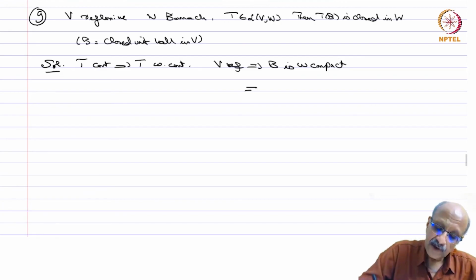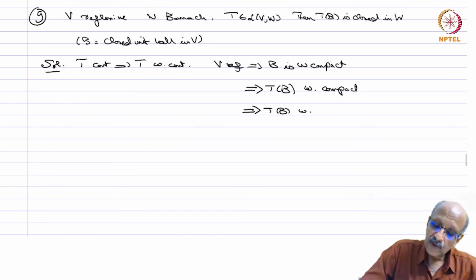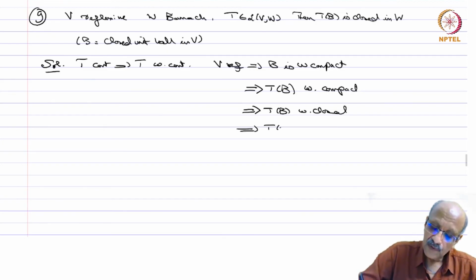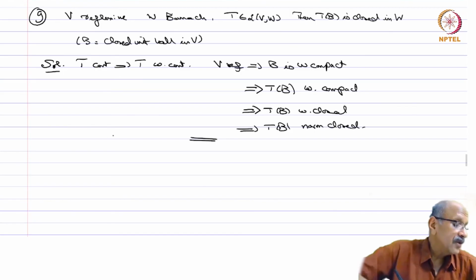T is weakly continuous, and the continuous image of a compact set is compact, so TB is weakly compact. The weak topology is Hausdorff, so TB is weakly closed, which implies TB is norm closed.